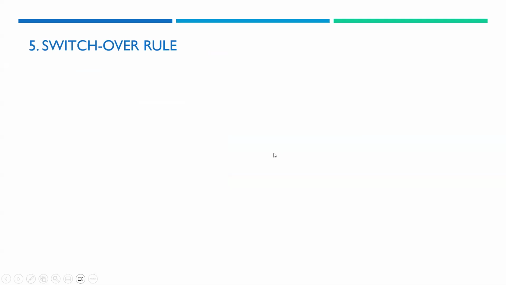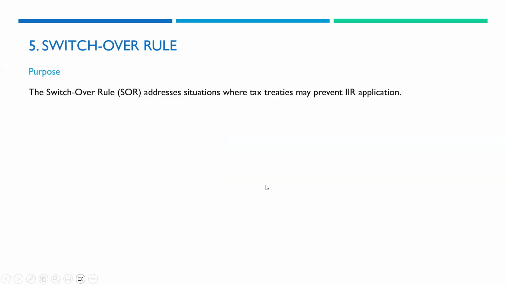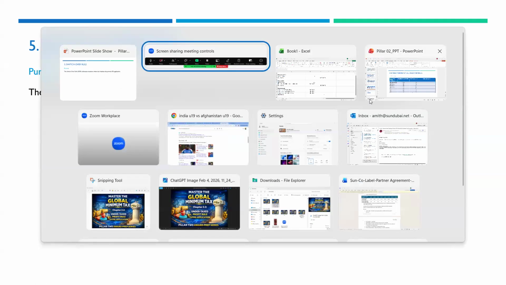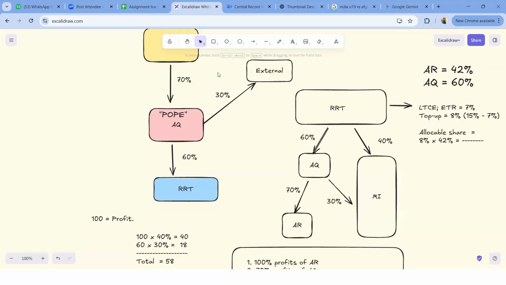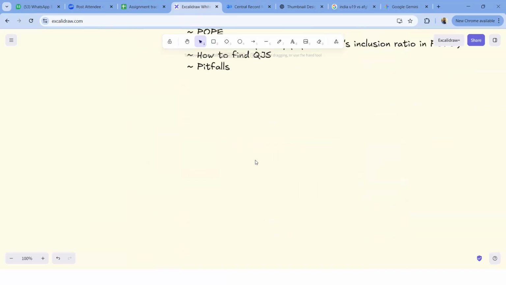Fantastic. Now, there is something called the switchover rule. This is very important. This is something with respect to international taxation. This is new. What it basically means is the switchover rule addresses situations where tax treaties may prevent IIR application. So let's have some context as to what the switchover rule is.